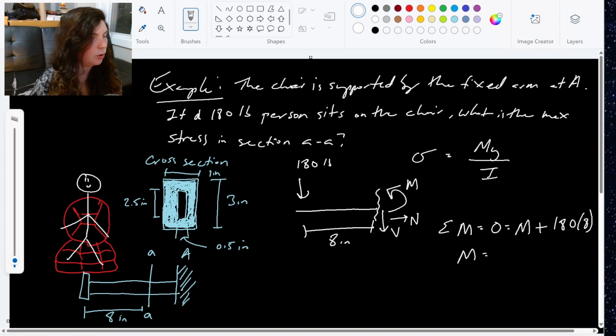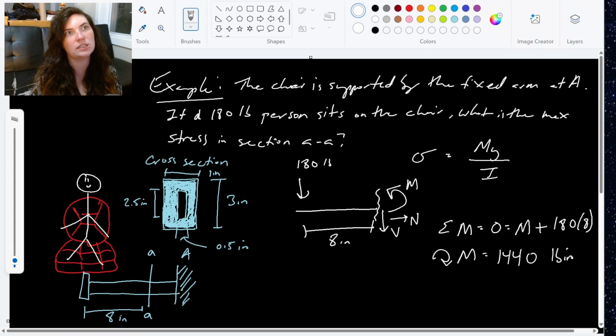I drew this the wrong way. It's actually a clockwise moment. The moment is going to be 1,440 pound inches, right? 180 pounds times 8 inches gives me pound inches. So again, not too bad. Just some basic statics to find that moment that we needed.